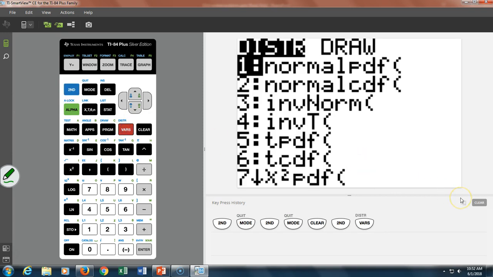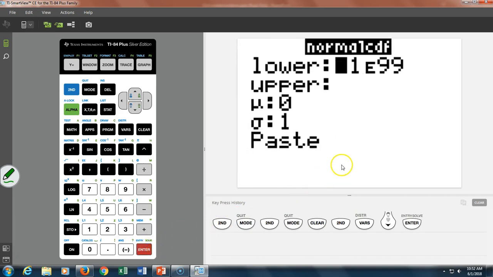Pull up our distribution here. You will never be doing number 1, normal PDF. You will always be doing 2 or 3. You'll be doing normal cumulative distribution function to find an area. So okay, fine. Let's go and select number 2.